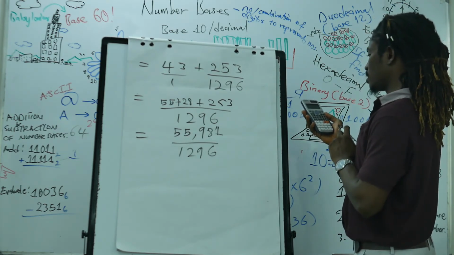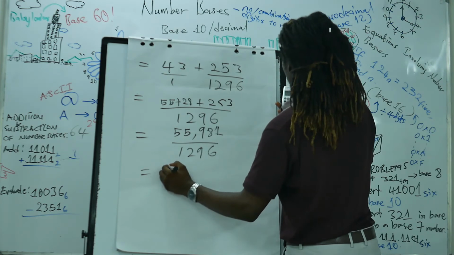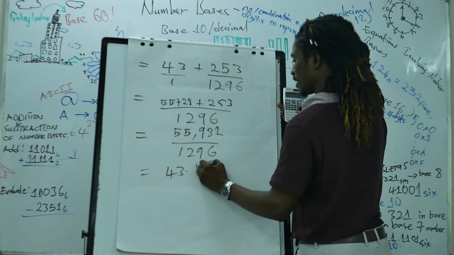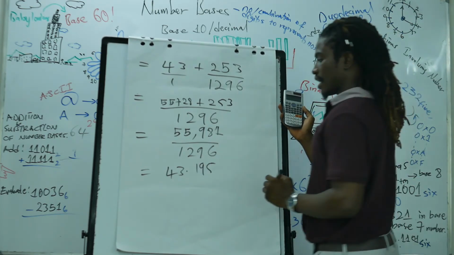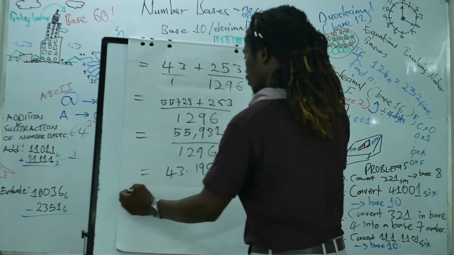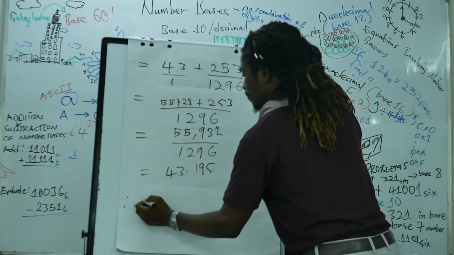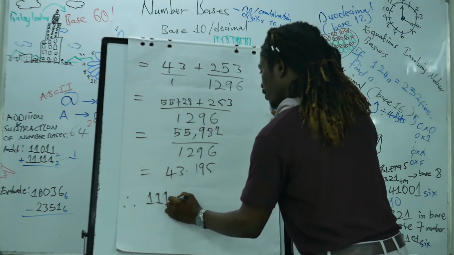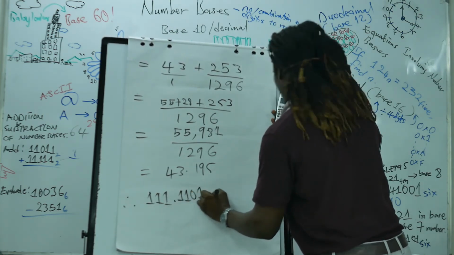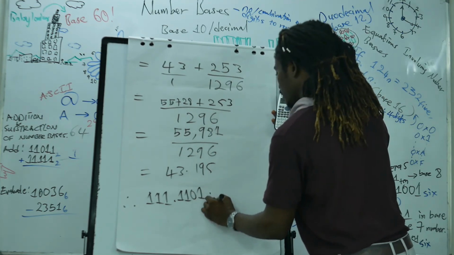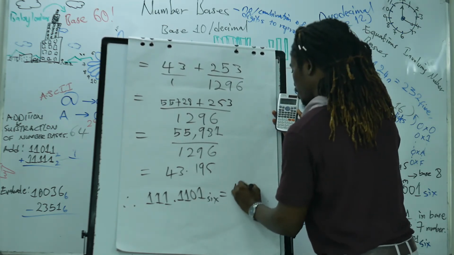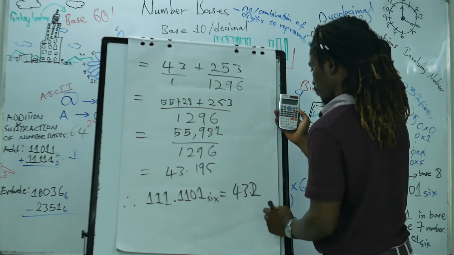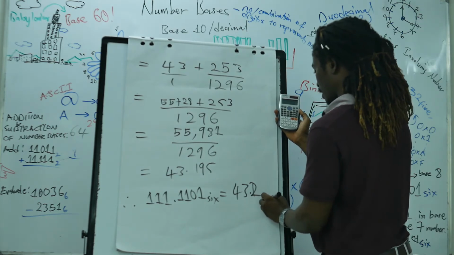We have the value 43.195 as our answer. Okay, so therefore the value 111.1101 in base 6 is equal to 43.2 rounded, 43.2 in base 10.